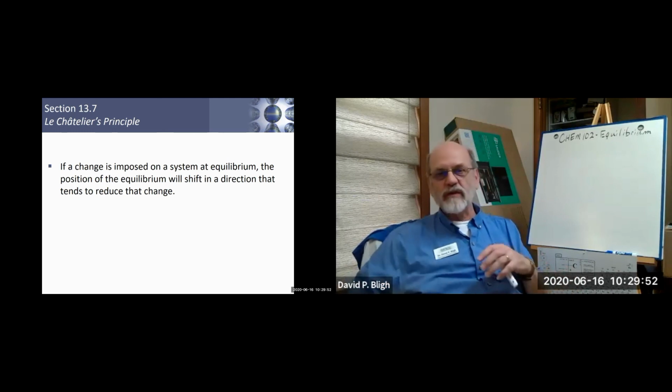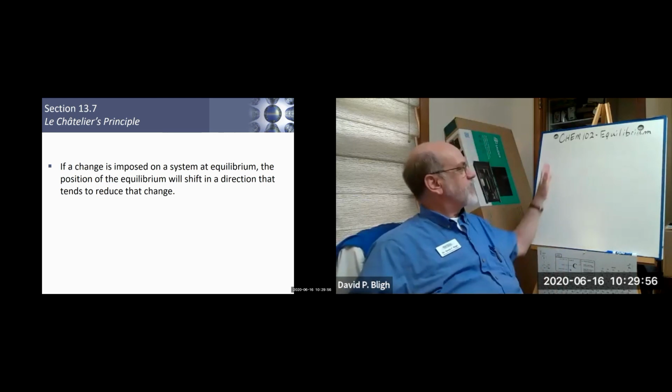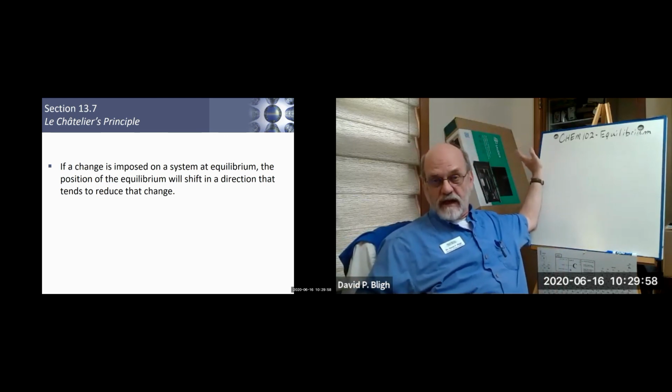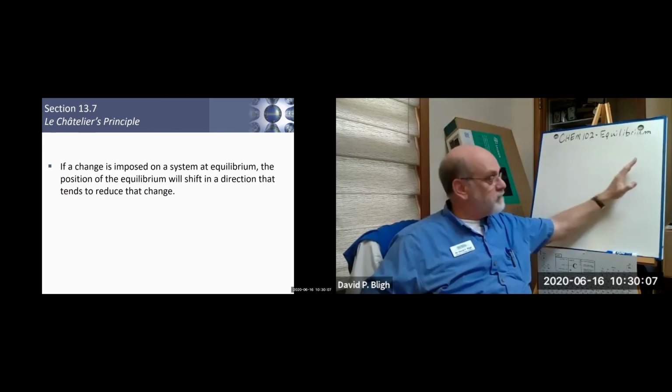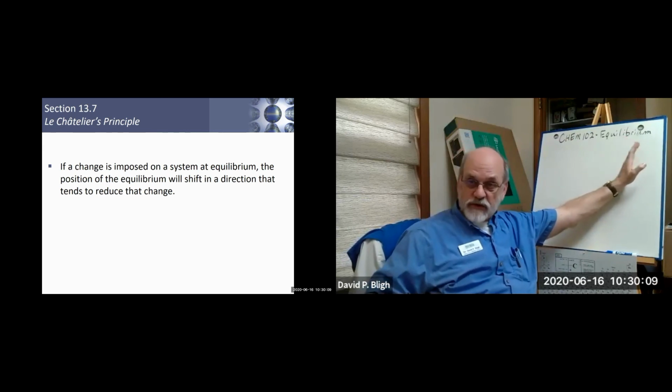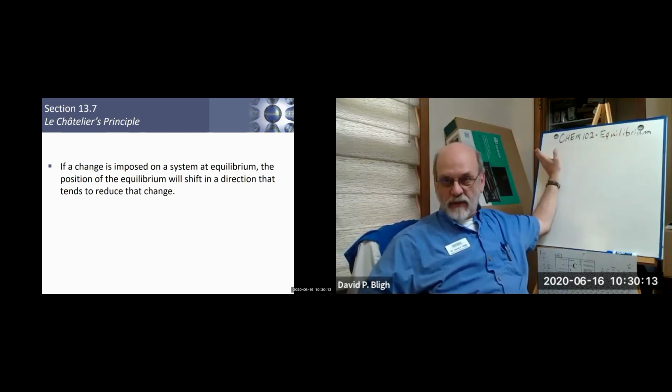Up to this point, we talked about concentration. So if you increase the concentration of a reactant, the system is going to respond by using some of that reactant to reestablish equilibrium. Or if you add some product, then it's going to respond to use up some of that and reestablish equilibrium.